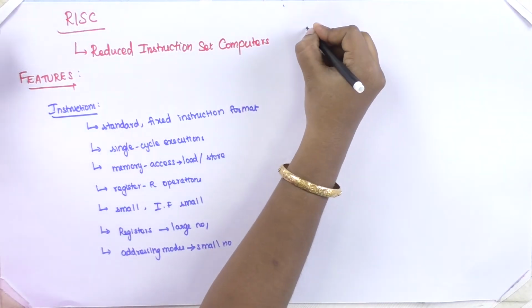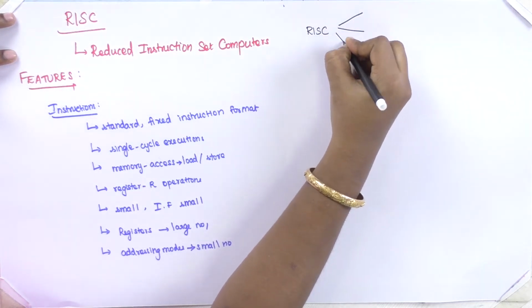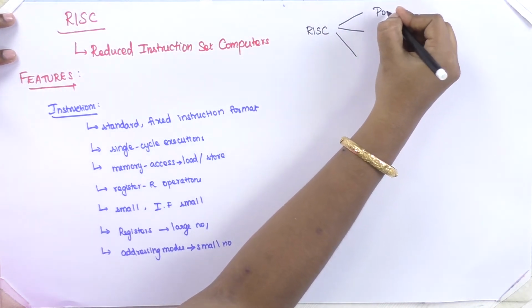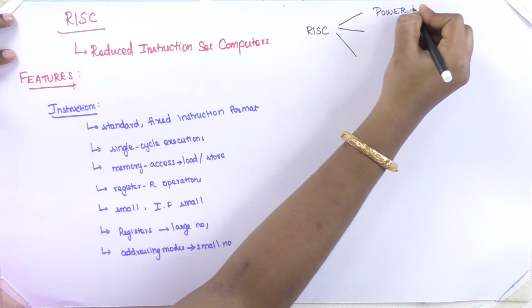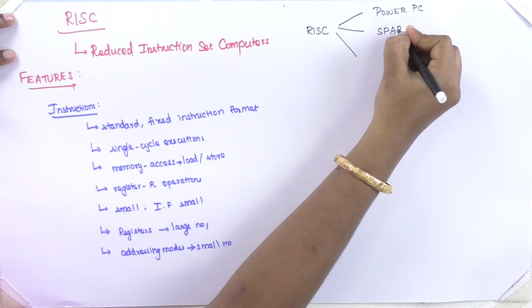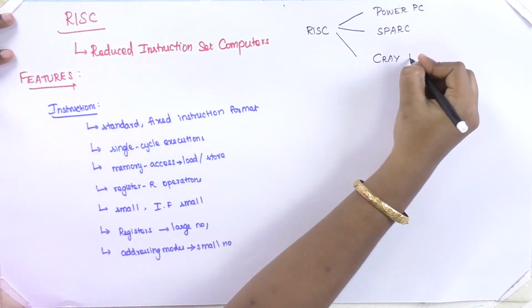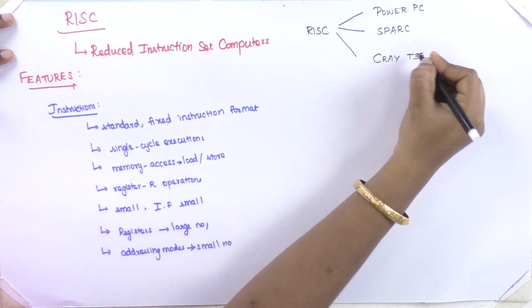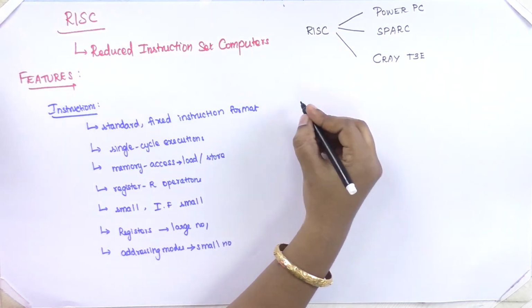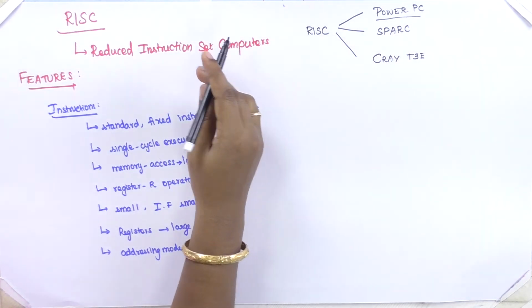RISC architecture is categorized into three types: PowerPC architecture, SPARC architecture, and Cray T3E architecture. In today's class, we are going to see about PowerPC architecture.